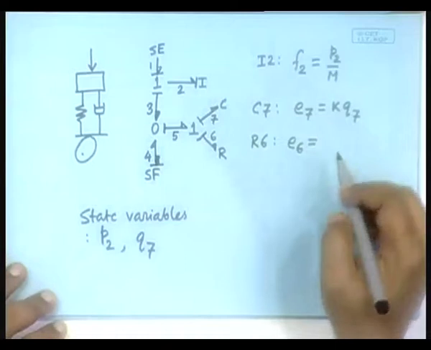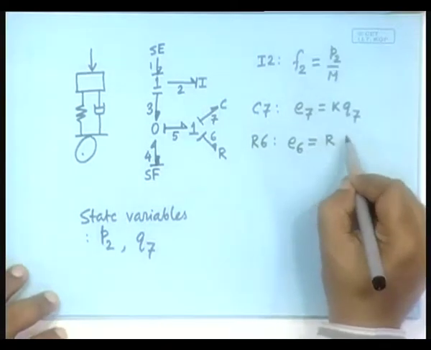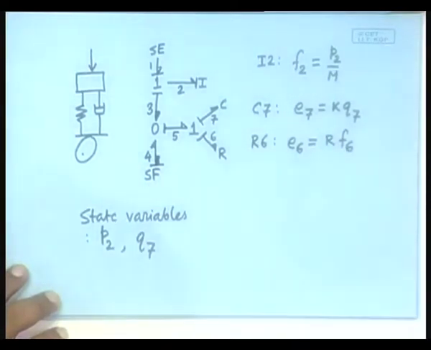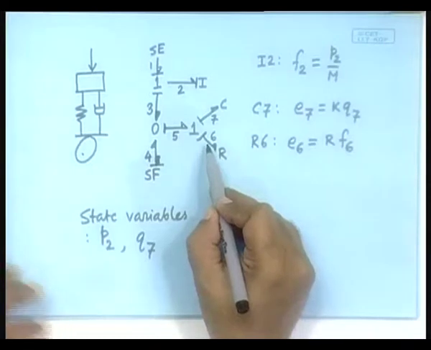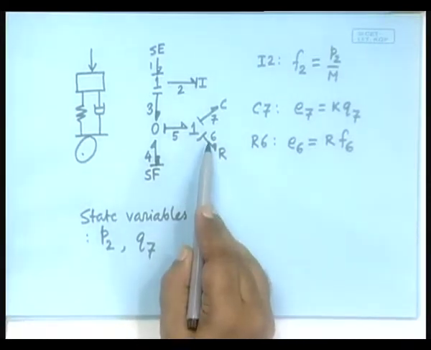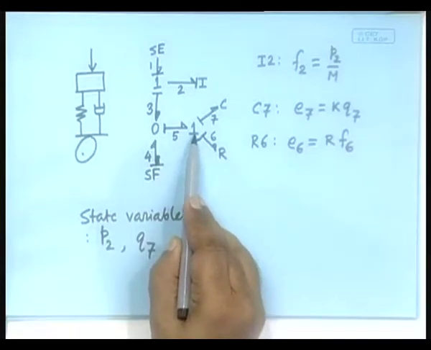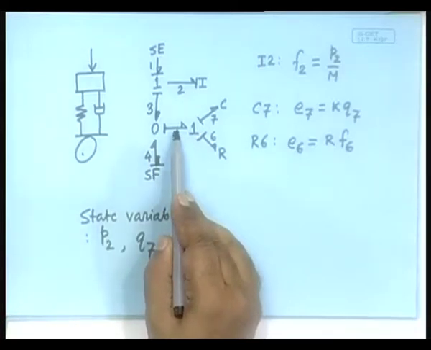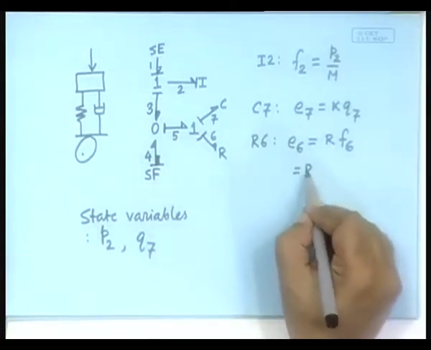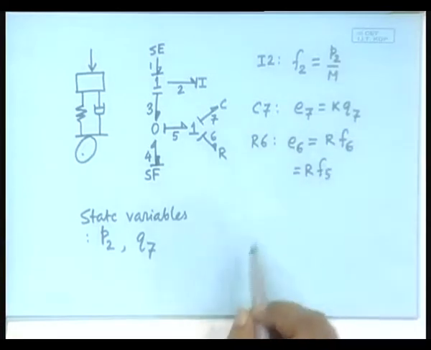So, first related to that, this is R times F6. Now, we have to find out where F6 comes from. F6 is connected to a 1 junction, therefore, there must be a strong bond bringing in that information. Where is that? Here. So, this is equal to R F5.